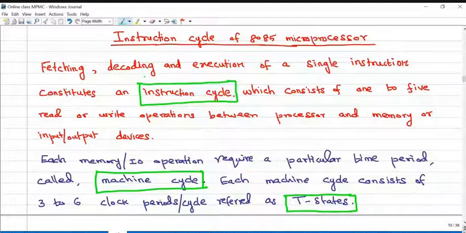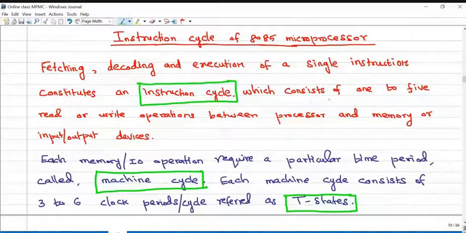It needs some time to complete fetching the opcode from memory, decoding what kind of operation it is, and finally execution of the instruction, which involves various clock cycles. That is called the instruction cycle. How many pulses are needed to complete fetching, decoding, and execution of that particular instruction? That is the instruction cycle in general.